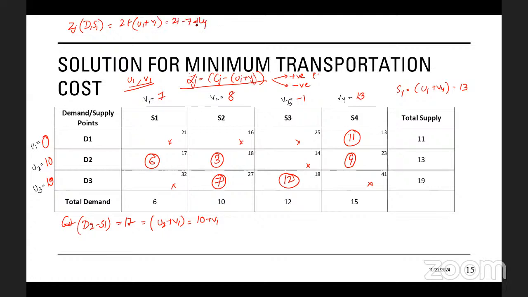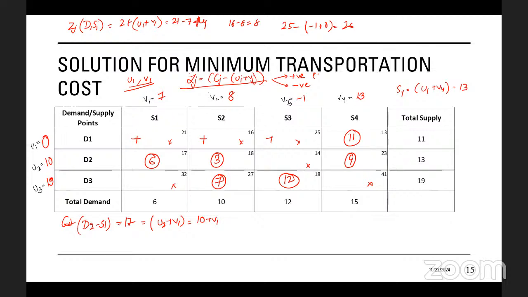So this is 14, a positive number. So here no more allocation can be done. Similarly, for D1S2 where no allocation is made, it would be 16 minus (u1 plus v2), which is 16 minus 8, which is 8. Again, this is positive. Next, for D1S3, it's 25 minus (minus 1 plus 0), which is equal to 26. So again, this is positive.